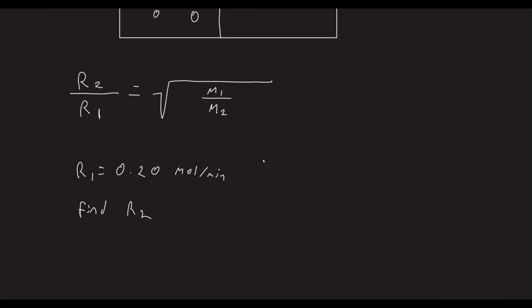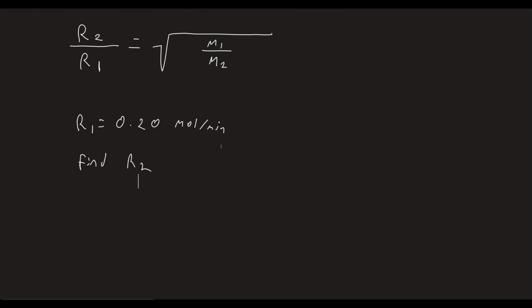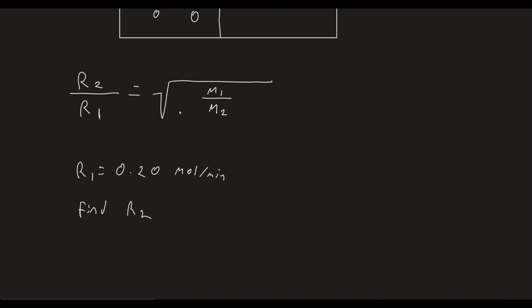This would be all the information you'd essentially be given. Actually, I made one mistake here. Let's say R equals rate and M equals molar mass, not mass, molar mass.